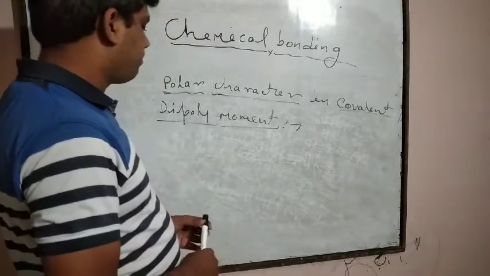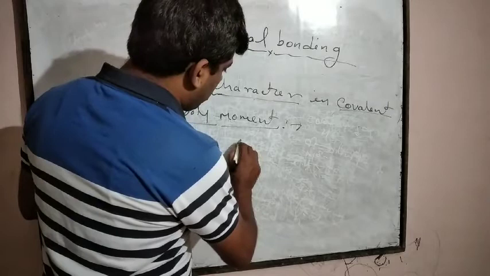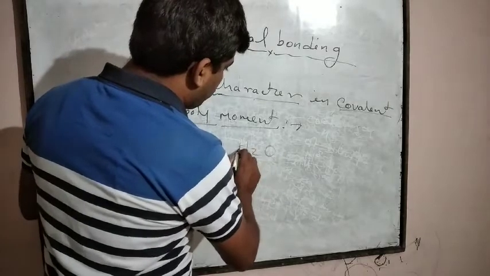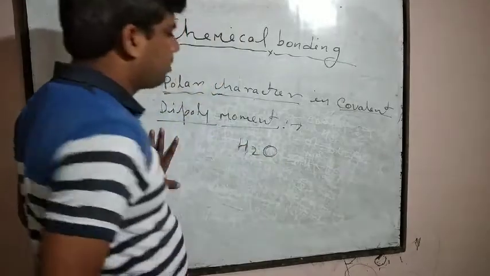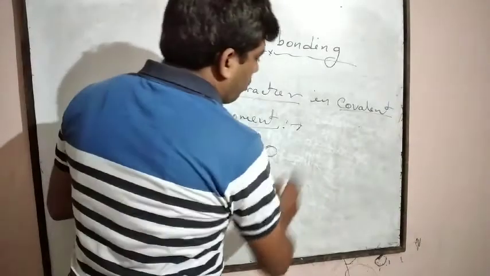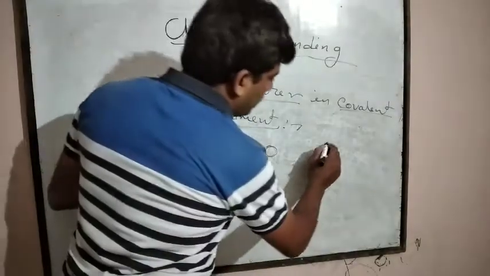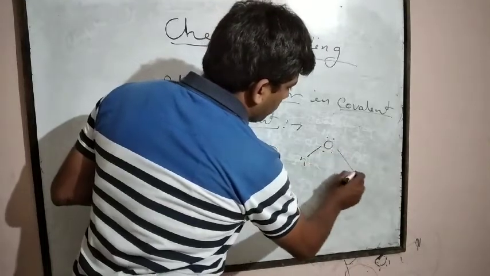For example, if a water molecule, H2O, is taken, it is a polar compound because it has an inverted V-shaped structure.